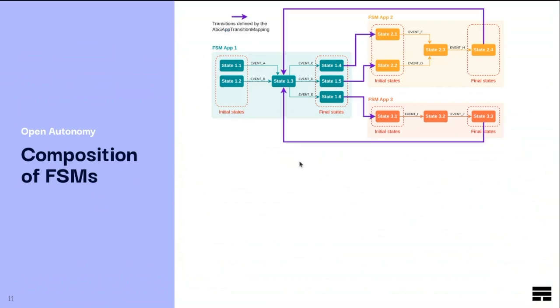In this example, I'm going to define the transitions this way. I have this set of final states here, and I am linking it to one initial state on finite state machine app 2, and another initial state here, and an initial state on another FSM app. And then I'm going to rewire the final states for these finite state machines, again, to loop back to some other state here.